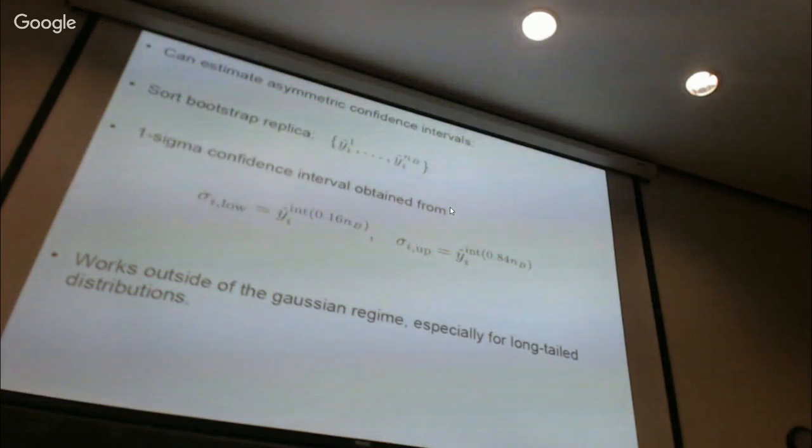You can reflect asymmetric confidence intervals using this definition. This is obviously important outside the Gaussian regime where you don't know you have a Gaussian to start with. And it's especially important if you have heavy-tailed distributions like that chi-square one. So that means that the error bars will not be symmetric around the mean? Exactly. You don't have to know the distribution.